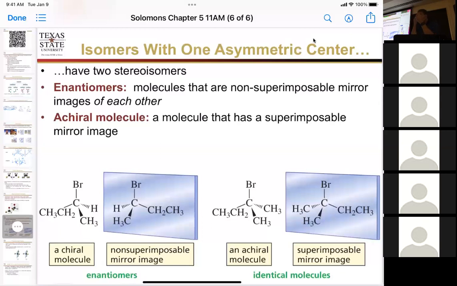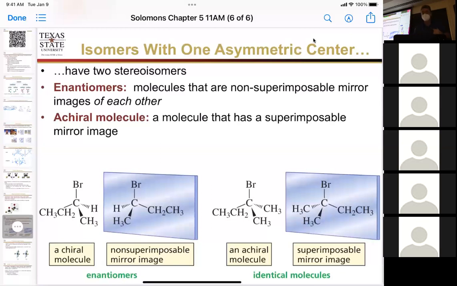If we look at that mirror image, those two molecules make up a pair of enantiomers. Chiral centers always have 4 things bonded to them, and enantiomers always come in pairs because you have one side of the mirror and the other side of the mirror.